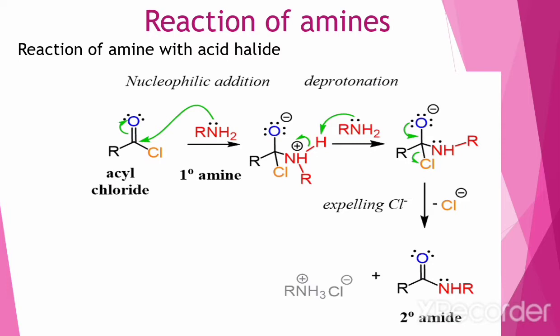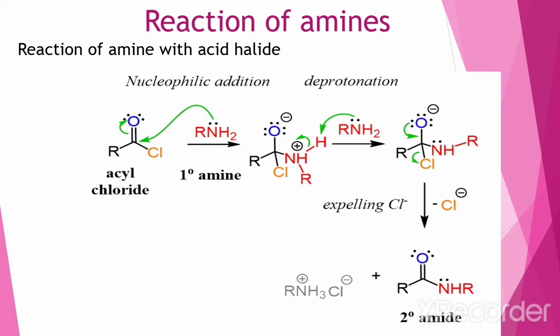The next step is deprotonation, meaning the removal of a hydrogen positive ion. In this step, hydrogen from the amine group is removed, the positive charge of the amine disappears, and the lone pair appears.